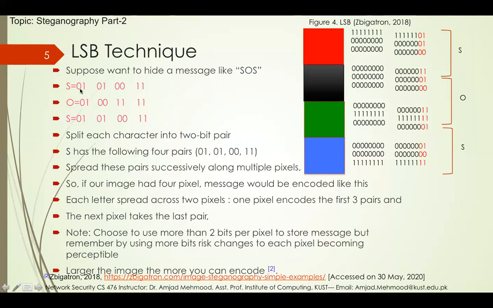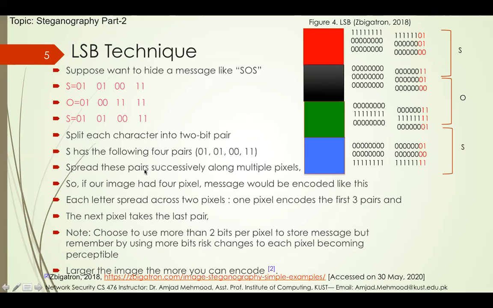So S will be represented as 0, 1, 0, 1, 0, 0, 1, 1. O is represented as 0, 1, 0, 0, 1, 1, 1, 1. S will again be 0, 1, 0, 1, 0, 0, 1, 1. Now split each character into 2-bit pairs. S has the following 4 pairs: 01, 01, 00, and 11.